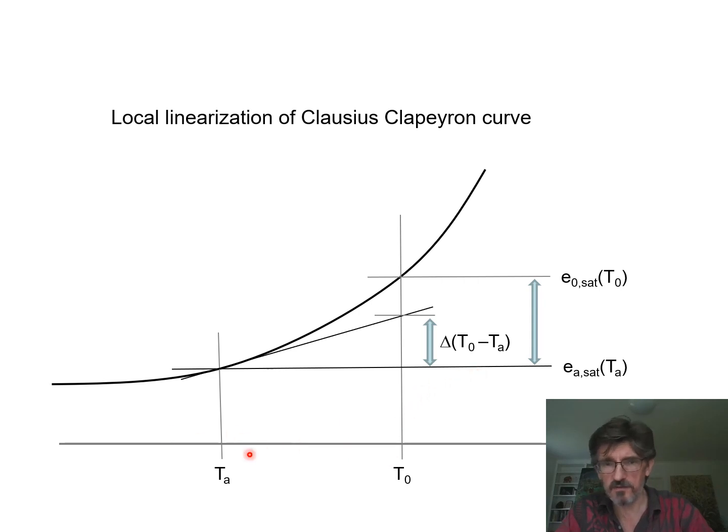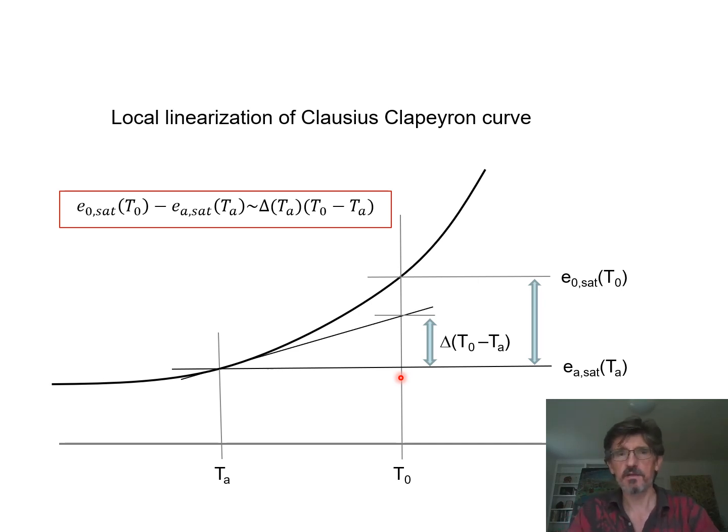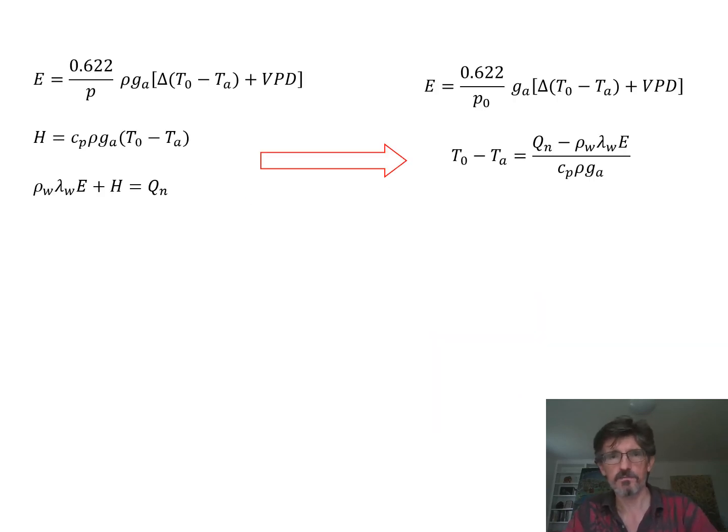If this difference in temperature is not too big, these two quantities are relatively similar. That's what Penman assumed. With this, we can write the difference of the two saturated vapor pressures as a function of the difference in temperature. If we do that, here is what we get in our system.